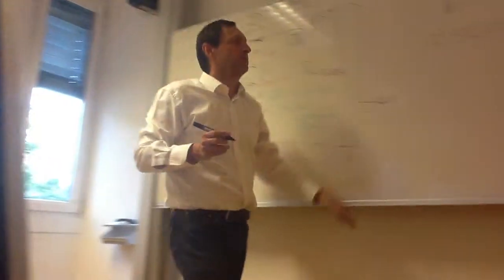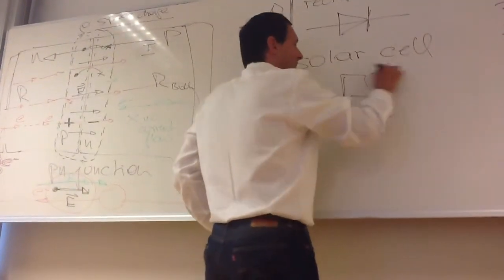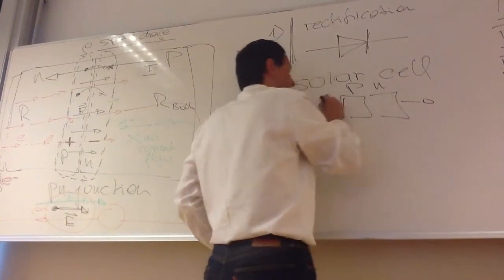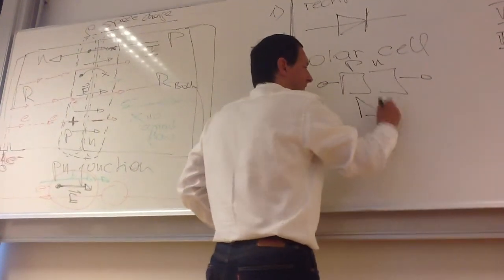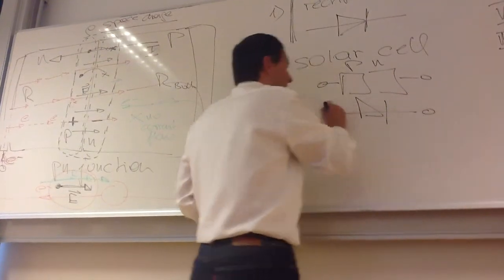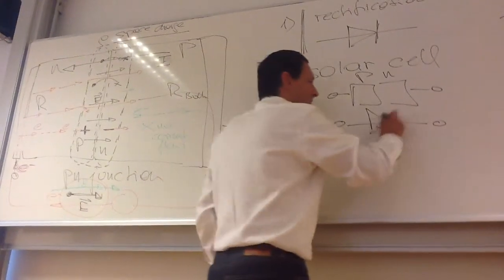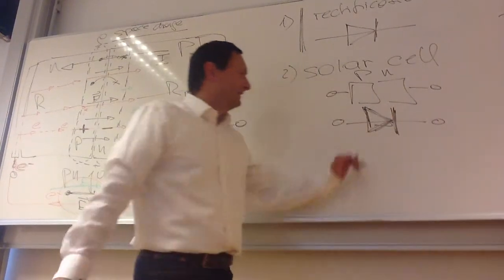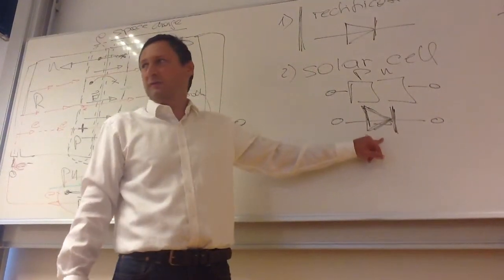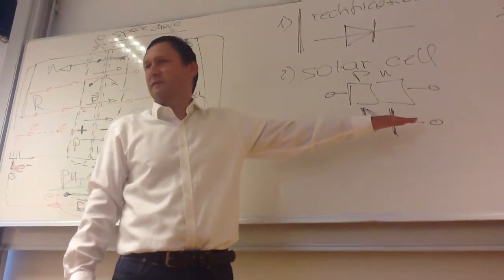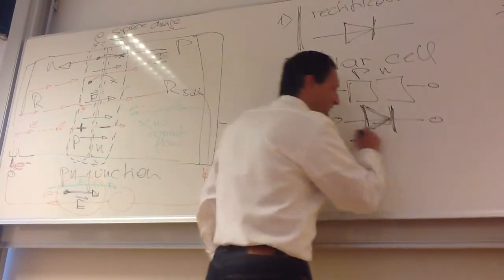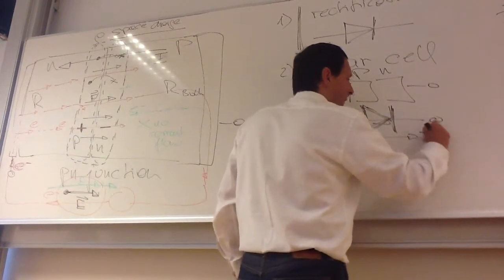If you have a P and an N area, then that corresponds to the circuit diagram in that direction. And the arrow always points in the direction of current flow. So with the circuit diagram it's quite easy. Current flows in that direction.